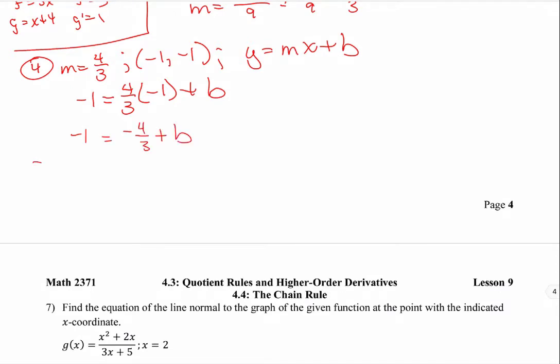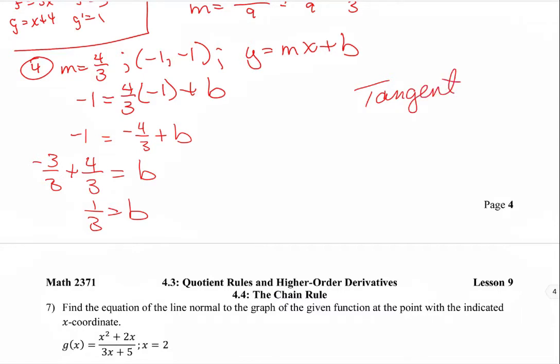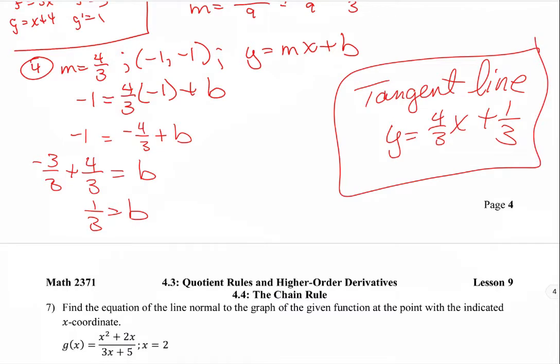So I have negative 3/3 plus 4/3 equals b. So 1/3 equals b. So my tangent line is y equals 4/3 x plus 1/3. Alrighty.